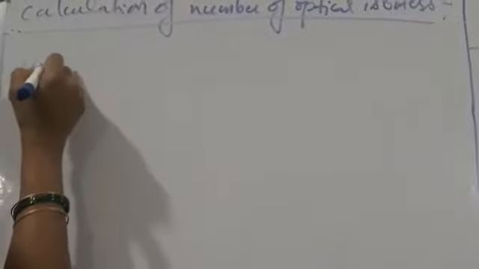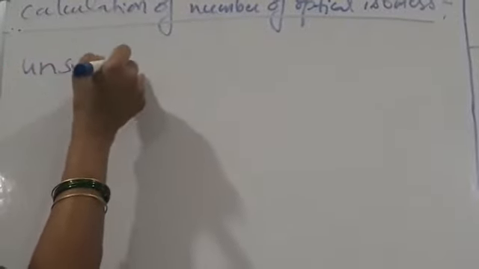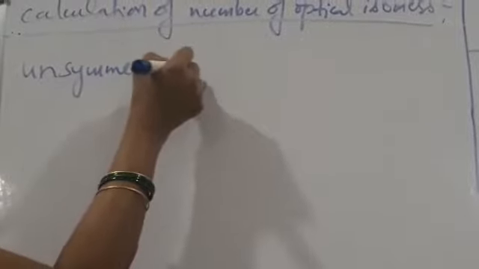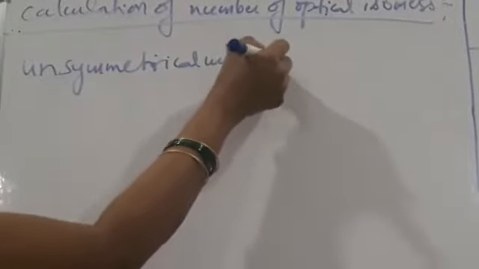If a compound is unsymmetrical, so first coming to calculation of the number of optical isomers in unsymmetrical molecules. Here we can calculate the number of optically active isomers, meso isomers, and also racemic isomers.